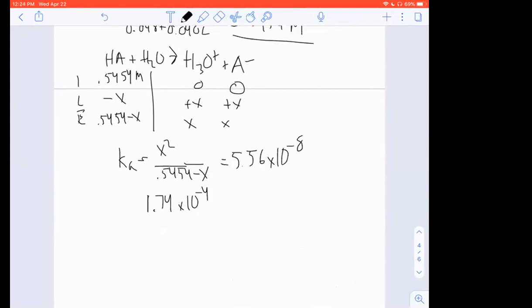X represents the concentration of H3O plus for this problem. To find the pH, you just take the negative log of this, and the pH you should get equals 3.76, which some of you had messaged me already. So if you got that, nice job.